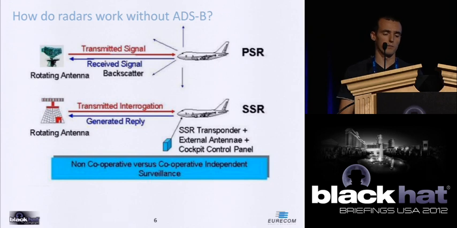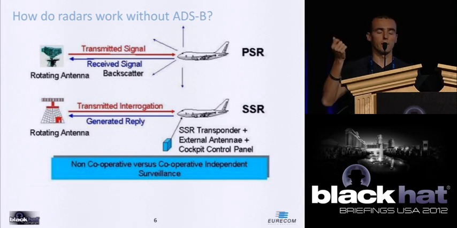Then into the picture comes SSR, which is a secondary surveillance radar. Basically, with the information from the primary surveillance radar, the secondary sends a digital interrogation to the airplane, so basically it's soliciting a reply or a code.